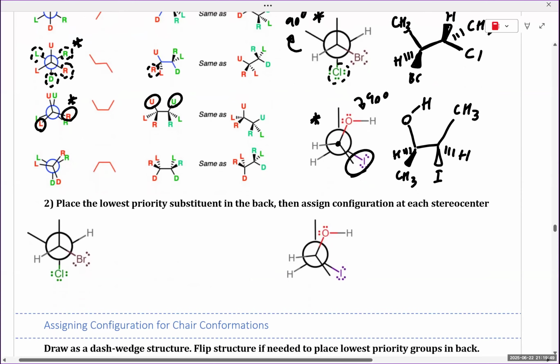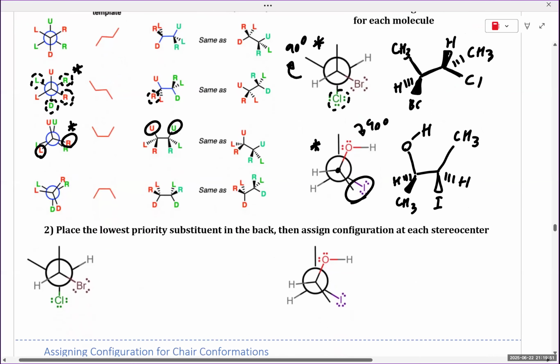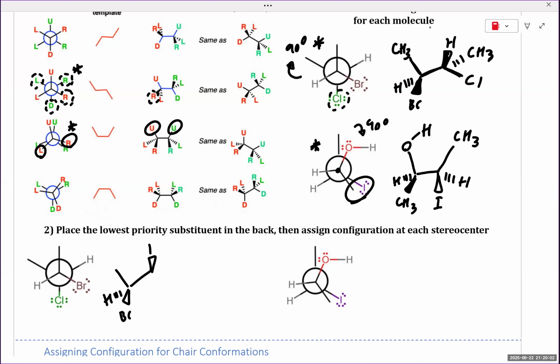Okay, now that we have the dash wedge depiction, we're going to place the lowest priority substituent in the back and then assign configuration. So here we have the hydrogen in the back in the first stereocenter, but not the second.